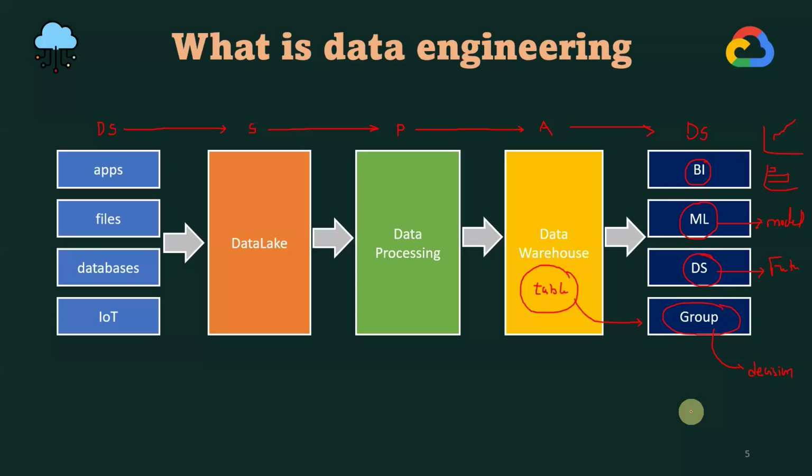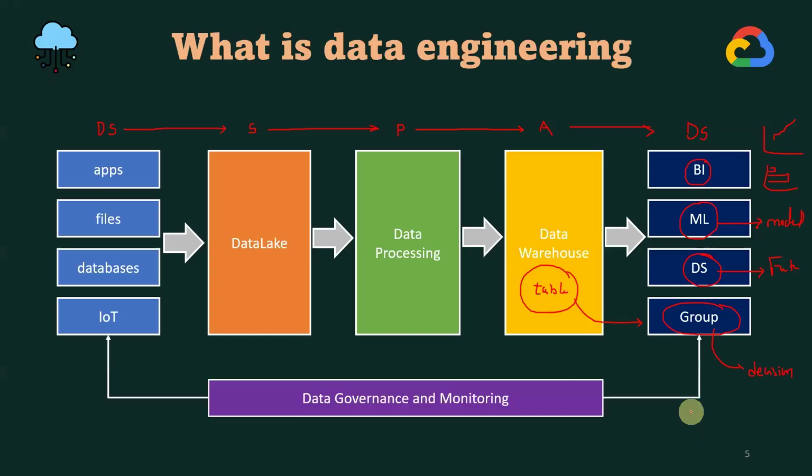We extract the data, store the data, process the data, analyze the data. We send the data to the downstream for creating reports or dashboards, machine learning model creation, finding future trends, and decision making. And one more thing we will do is data governance and monitoring.